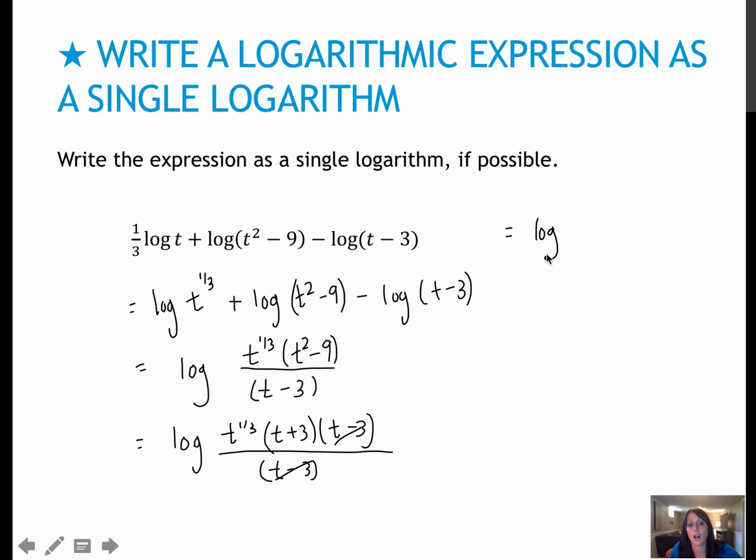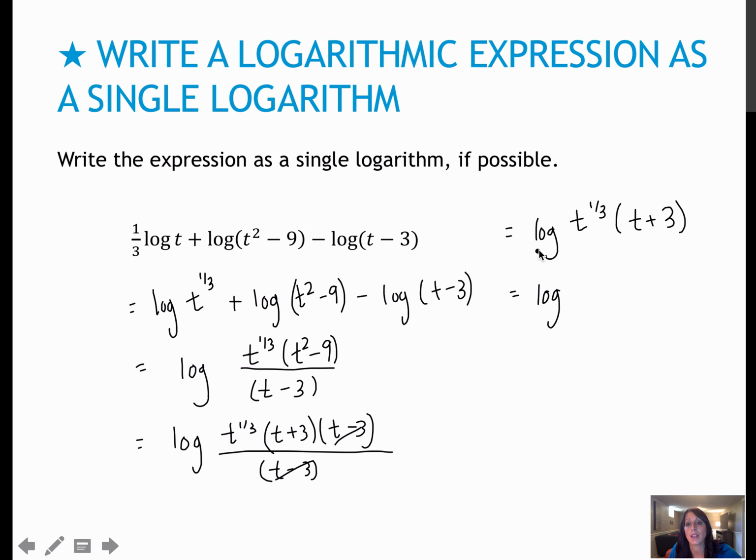So that gives me log. On the top, I have t to the 1/3. If you want to write that as the cube root of t, you may. And then t plus 3. Everything else has canceled. Now, it kind of depends on what your instructor is asking for, but it's possible that we would want to then distribute the t.